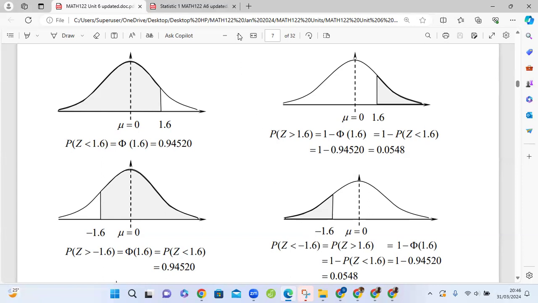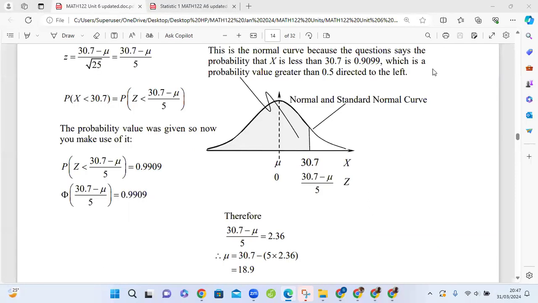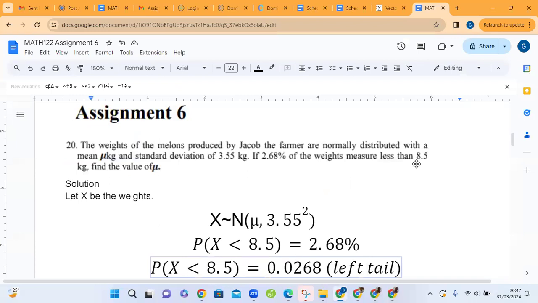So let's move on now to example 5.5. You complete your normal curve with mu, the letter mu, in the middle, and your x is 30.7. So that 8.5 will be on the left side of mu for number 20.